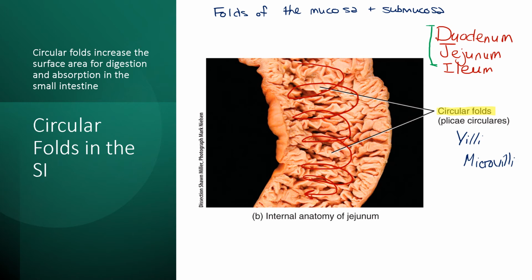Now, also present in the small intestine, like I said, are going to be villi. These are finger-like projections of the mucosa. And then there are microvilli, which are projections of the apical membrane of the absorptive cells. The microvilli are very, very small, but we'll see these in the next slide.